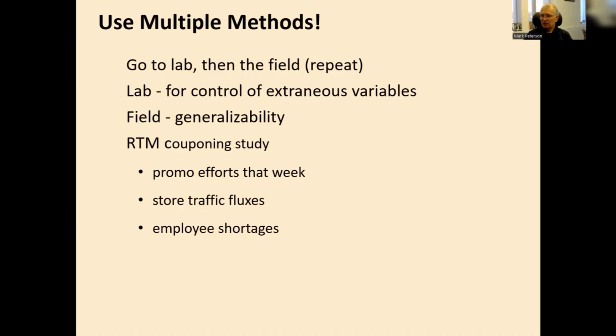But if there were seasonal effects, if 4th of July was happening or Thanksgiving, Christmas, the store traffic would go up and down, cold weather, bad weather as well, employee shortages that would impact the results. So there's many factors going on there.